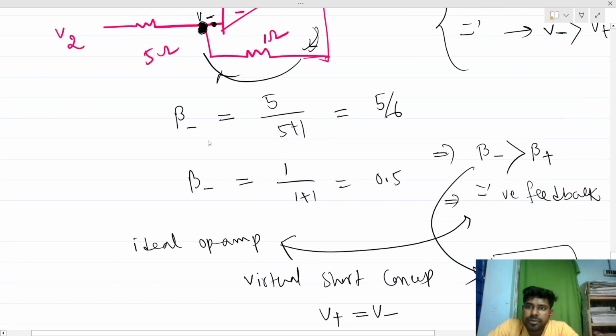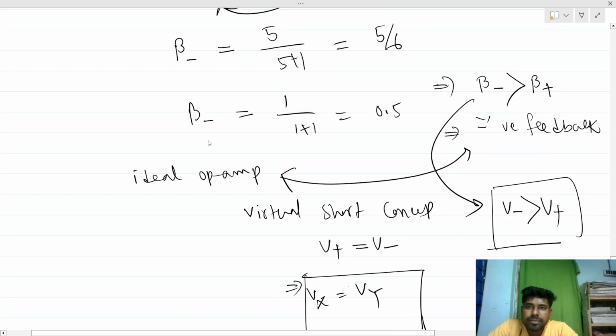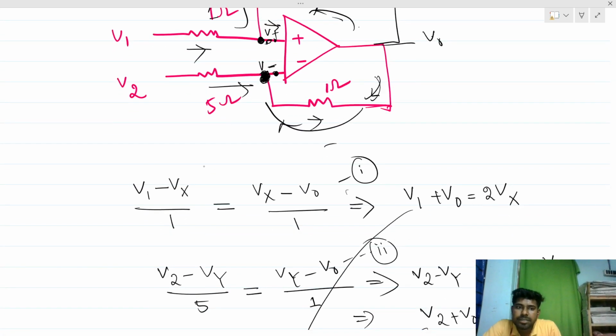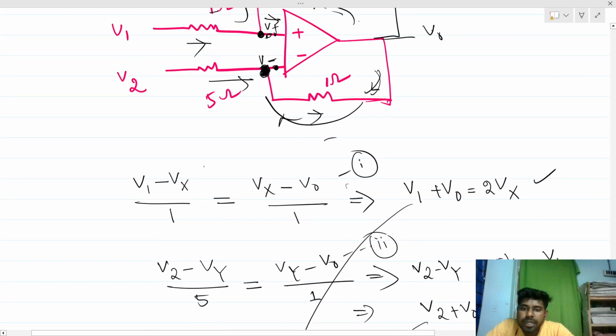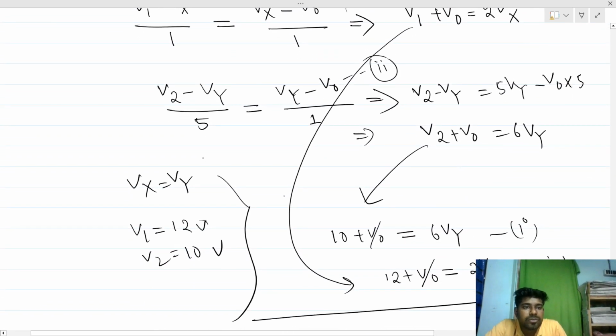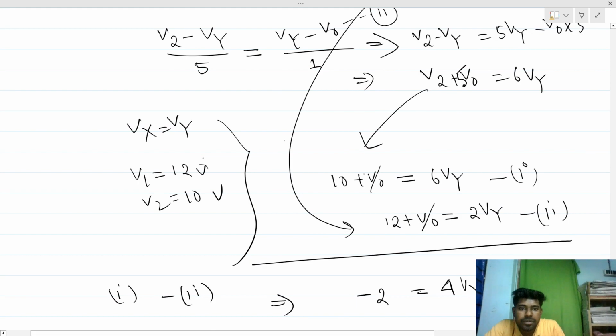V1 minus V positive, so this current and Vx minus V out will be the same current. These things are okay, and we have V1 plus V out, and this is Vx. And V2 minus Vy by 5 will be equal to Vy minus V out, yes, this is okay. So this is 5 V out, right? So there was a mistake, so this will be 5 as well.